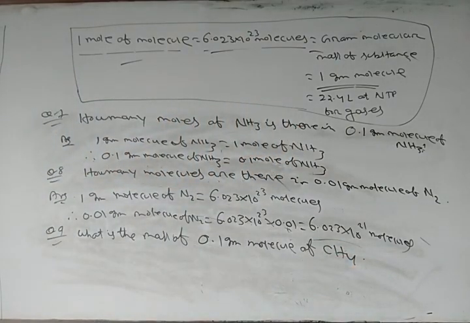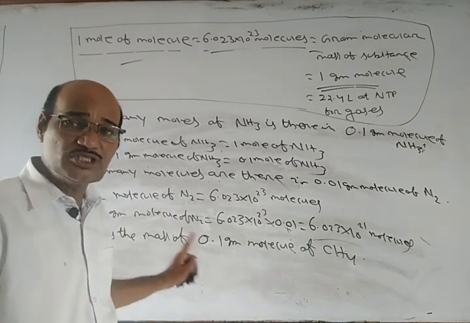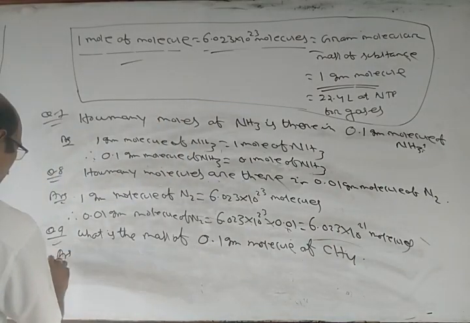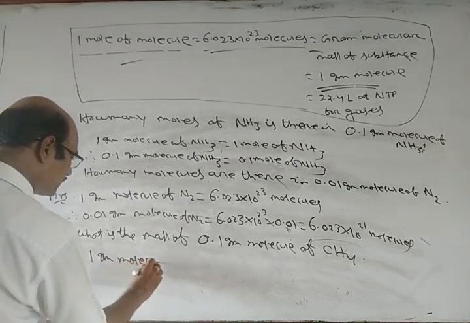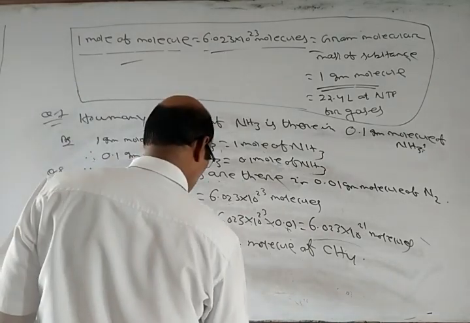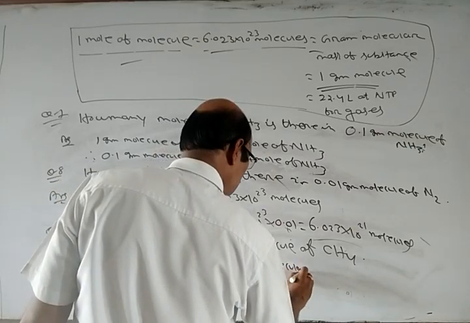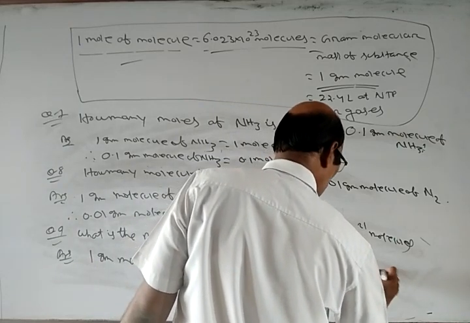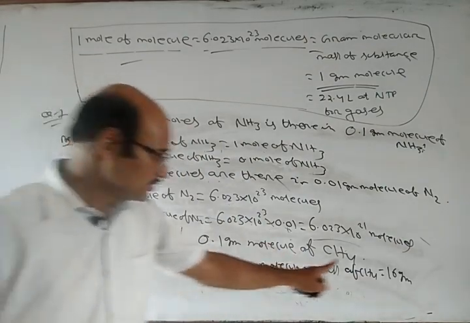See here, gram molecule is given and mass is asked. So for mass we will take the gram molecular mass. 1 gram molecule of methane is equal to the gram molecular mass of methane, which is 16 gram.